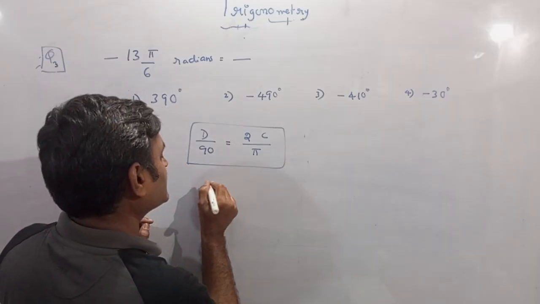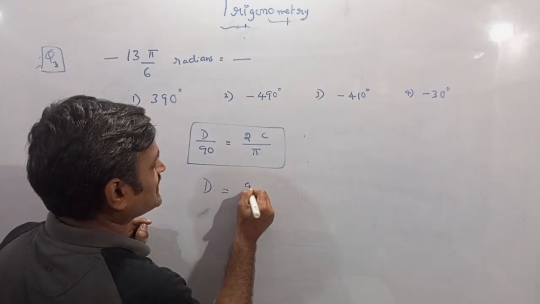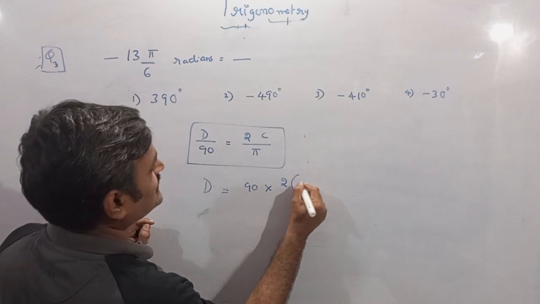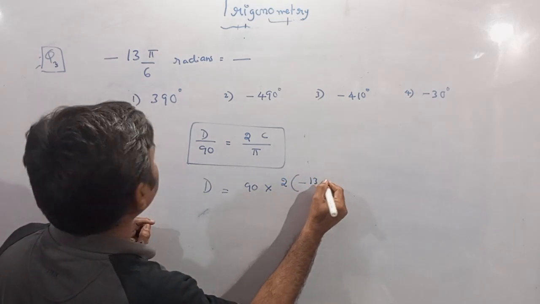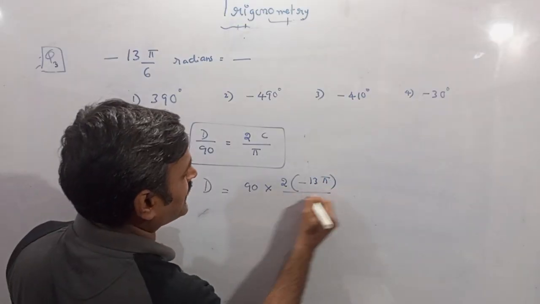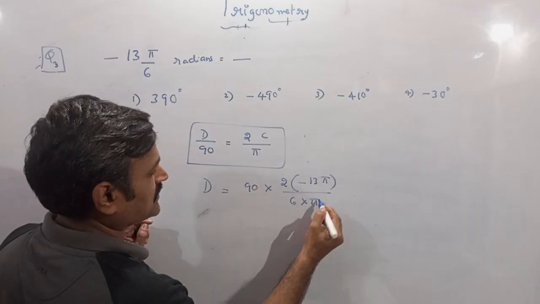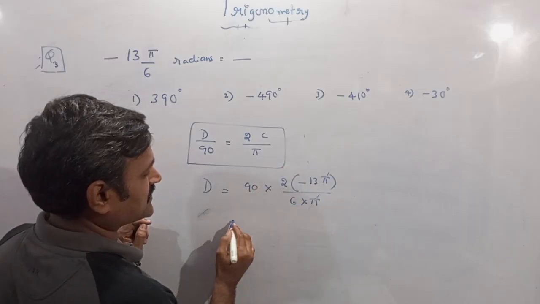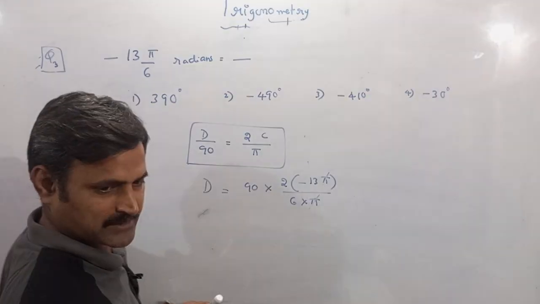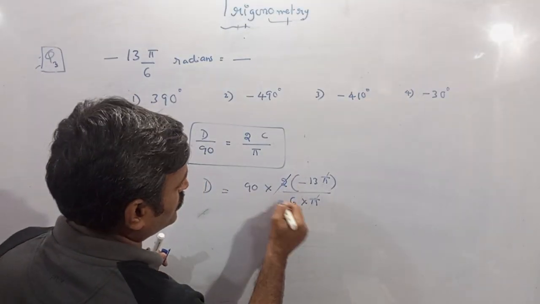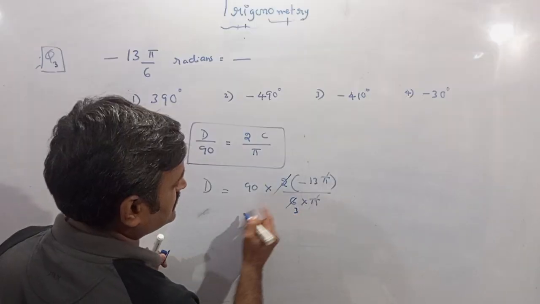Or else you do one thing. What is the D answer? D is equal to 90 into 2 into C by pi. The C value given is minus 13 pi by 6, so C value substituted, pi got cancelled. What is the remaining one? 2 3s are 6.